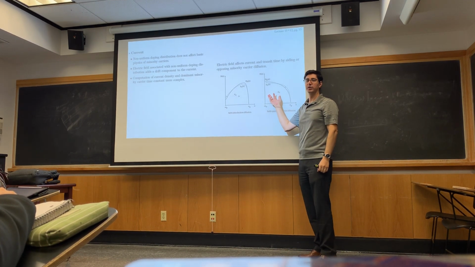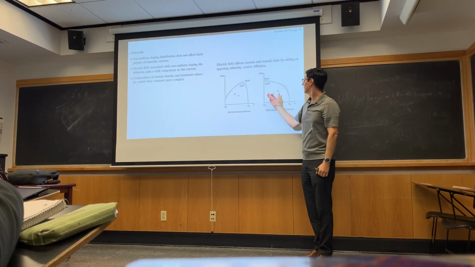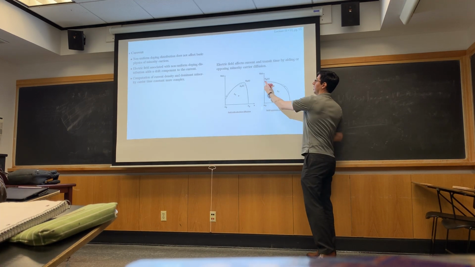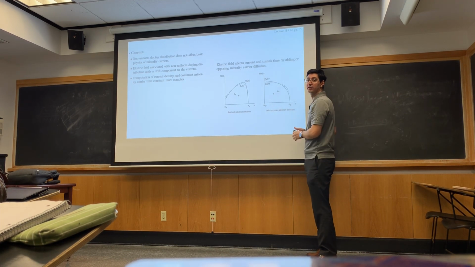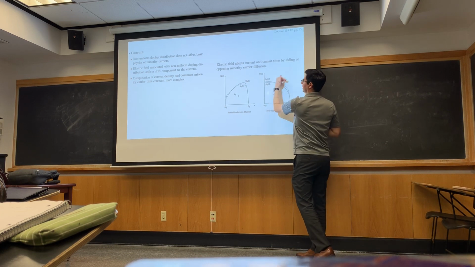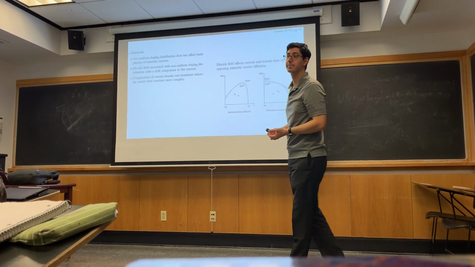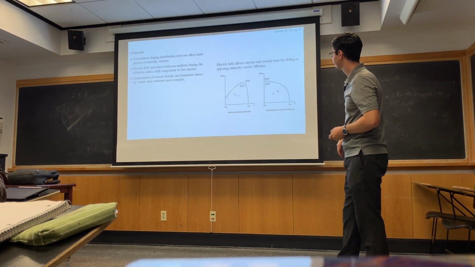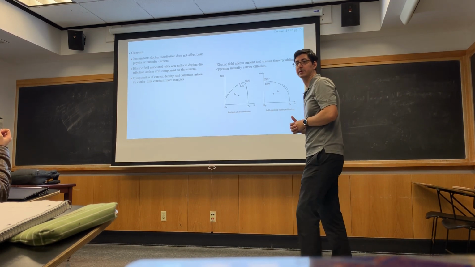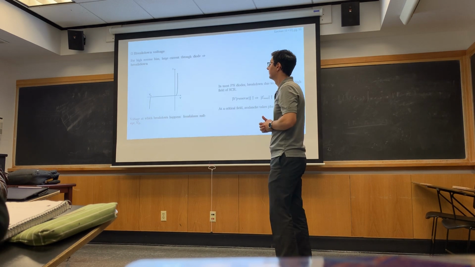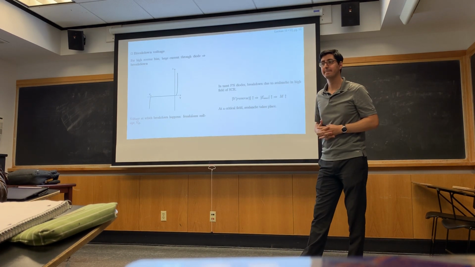It gives me an electric field in the opposite direction. That electric field is going to oppose diffusion, since electrons are negatively charged and it puts a force on the electrons in the other direction. That's the qualitative picture. Any questions about that?